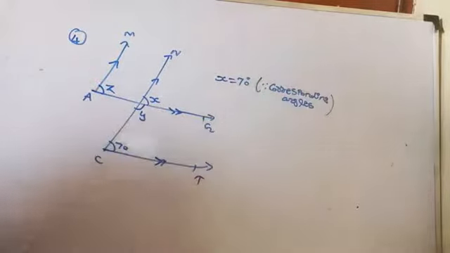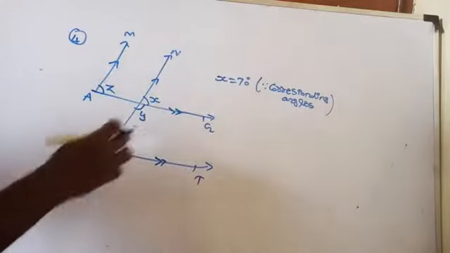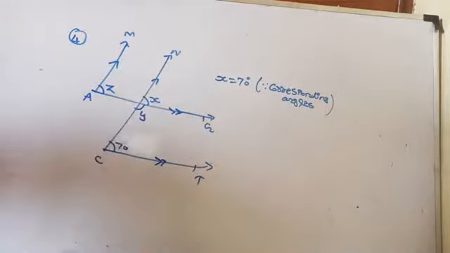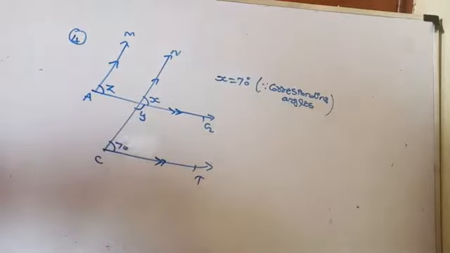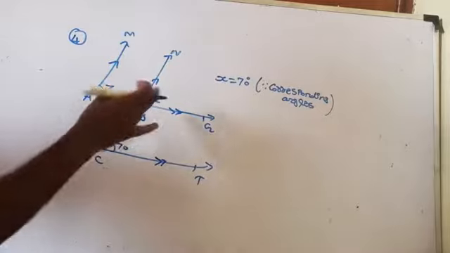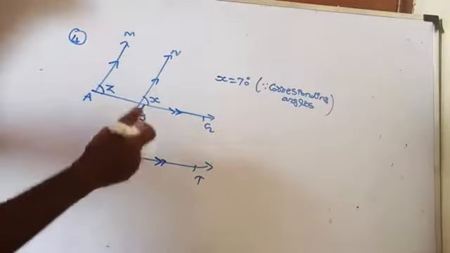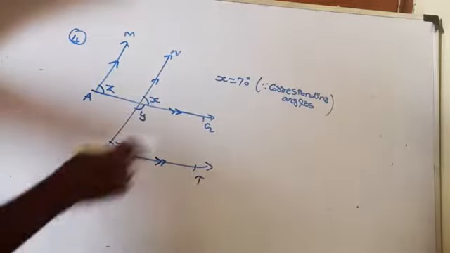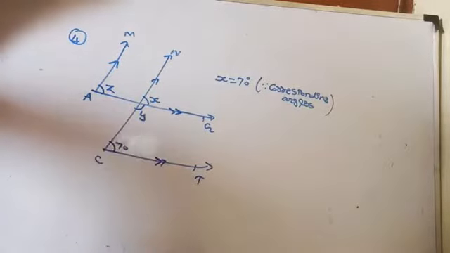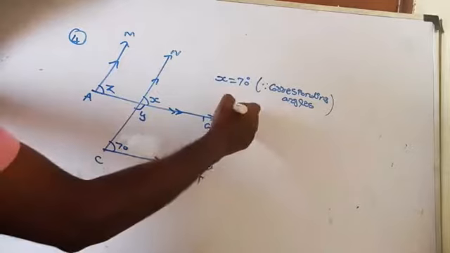These two lines are parallel and intersected by a transversal, so these are co-interior angles on the same side of the transversal. We will find the value of Y now. X plus Y equals 180 by using linear pair. Otherwise, co-interior angles on the same side of the transversal are supplementary. You can use any one property.